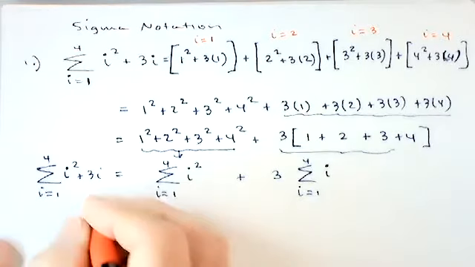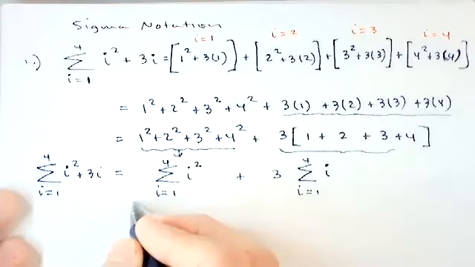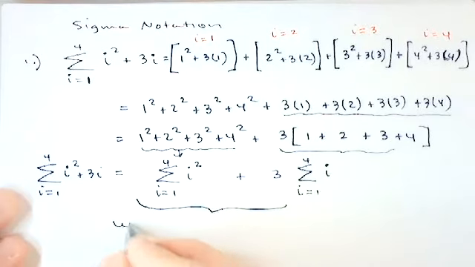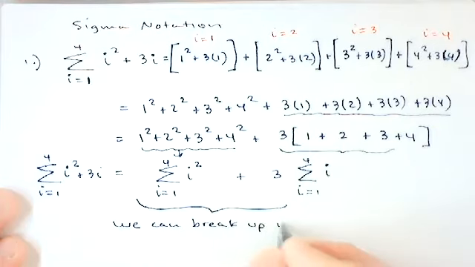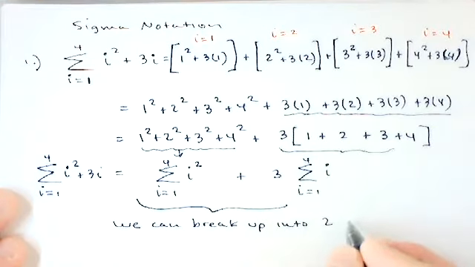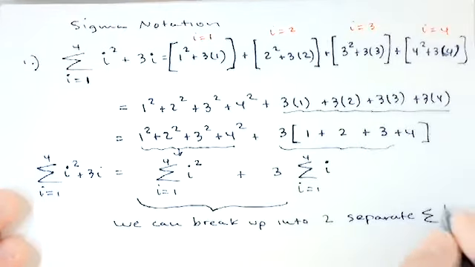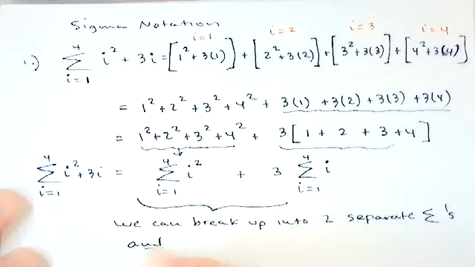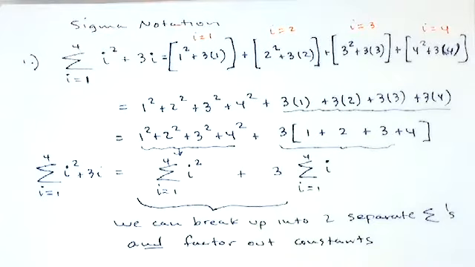So we can break up into two separate sigmas, summations, and factor out constants, which is what happened there. And that's actually going to make our life easier.